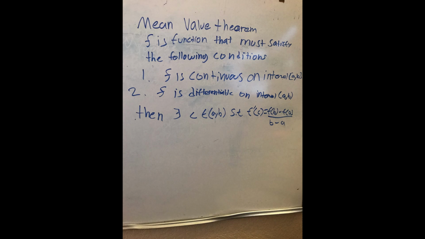If we meet those two conditions, then based on the mean value theorem there exists a c in the interval a to b such that f prime of c equals f of b minus f of a all over b minus a.